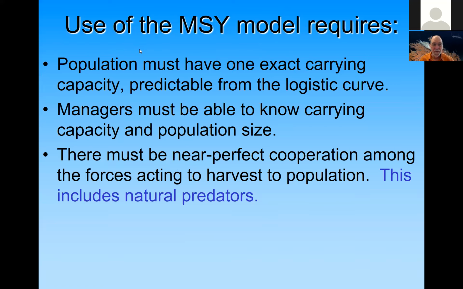So, the population has to have one exact carrying capacity, and we know that with variable environmental conditions, this is not going to occur. And moreover, this assumes that managers will be able to know what the carrying capacity is and to know what the true size of the population is. And more than that, there has to be near perfect cooperation among all the factors that are acting to harvest the population.